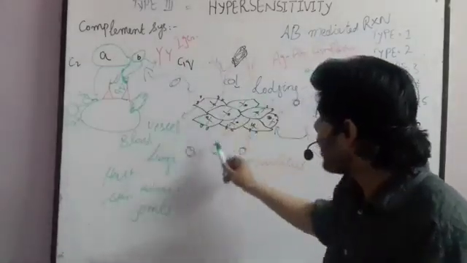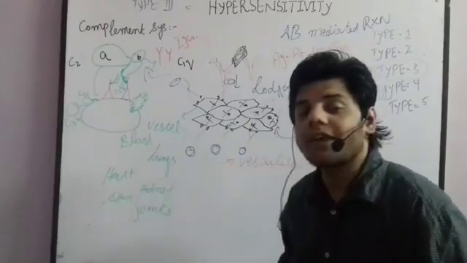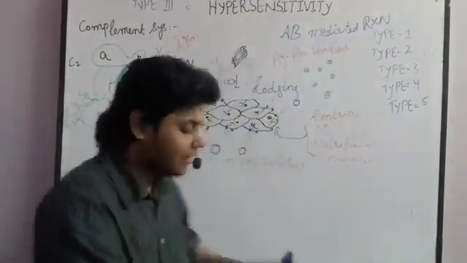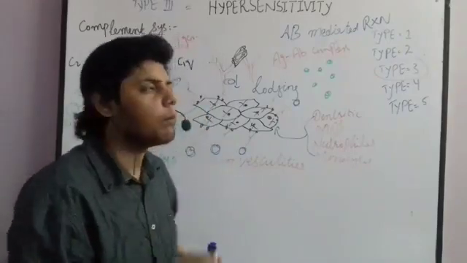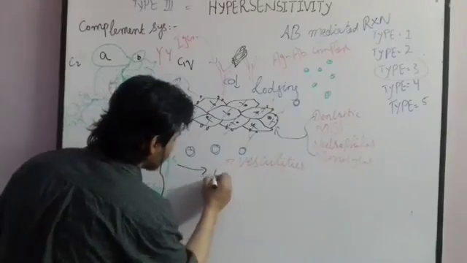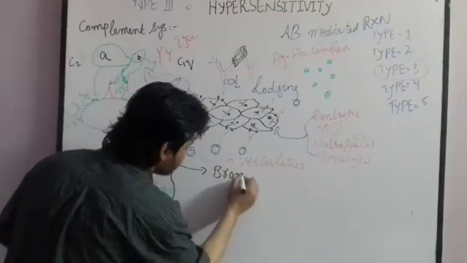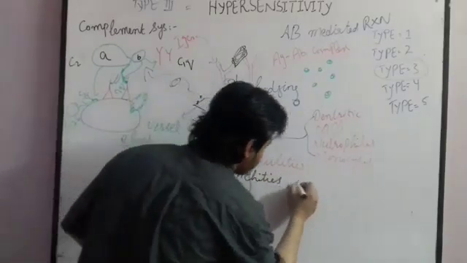When the epithelial tissues are the lungs, they will cause inflammation inside the lungs, which we call bronchitis, or sometimes pleuritis. Let me write. So these are bronchitis or pleuritis.